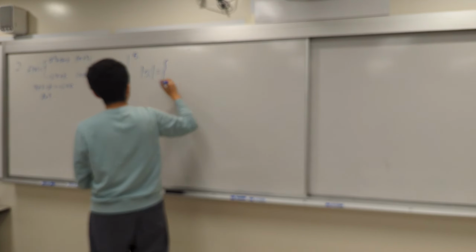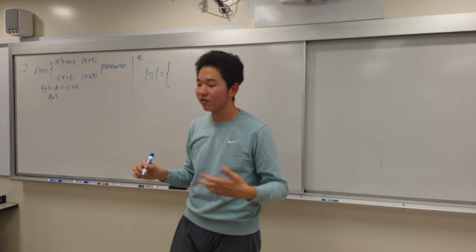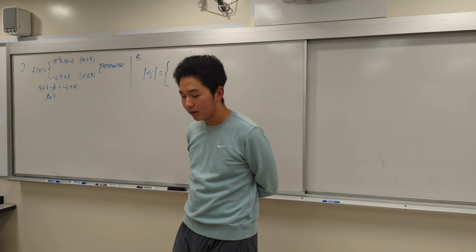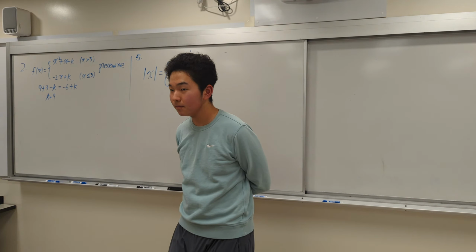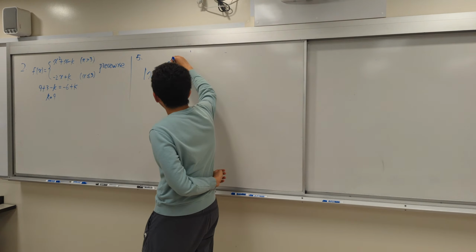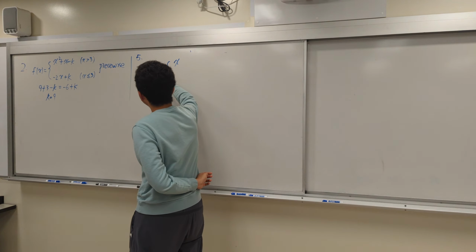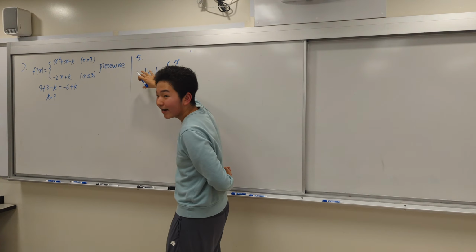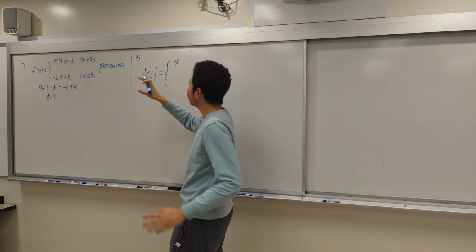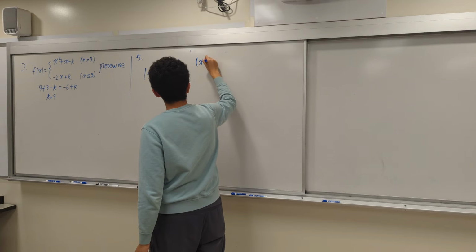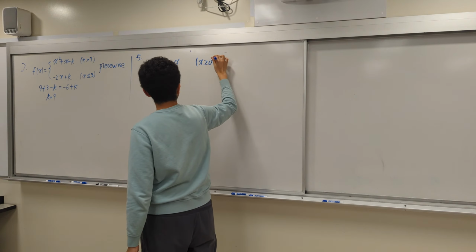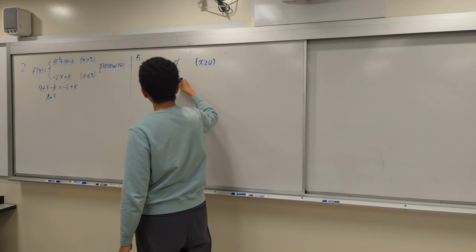Because we can't directly deal with absolute values without knowing a key piece of information: you have to know if the thing inside is going to be positive or negative. If it's 0, it doesn't matter because it goes to 0 on both sides.